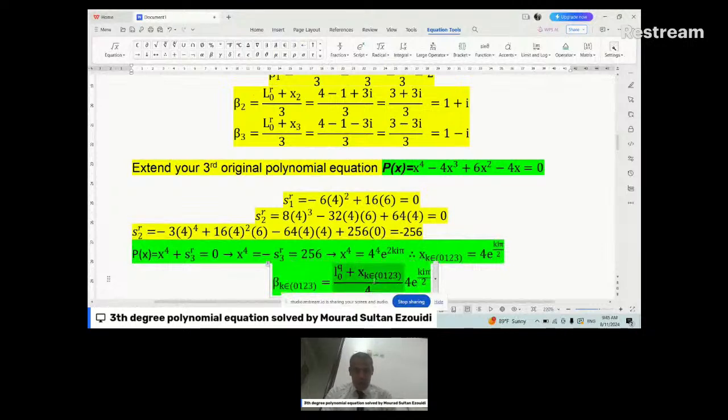L0 of order 4, learners, is 4, plus xk from 0 to 3 is 4 times exponential ik pi.